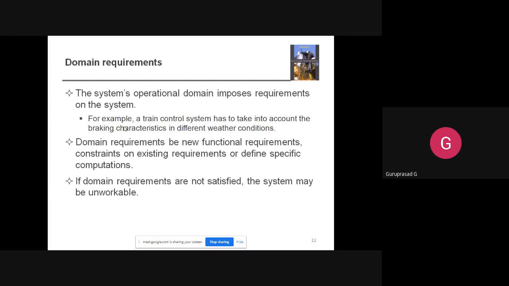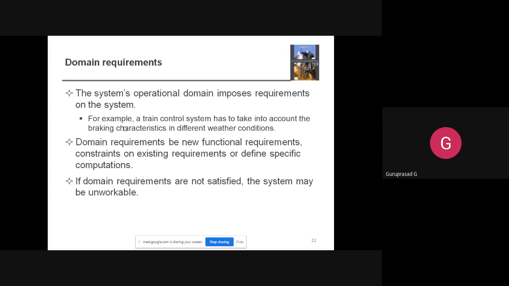In different weather conditions, the braking characteristics may not be the same, correct? In summer, in the rainy season, what requirement has to be satisfied in the train control system? What is the braking characteristic? That varies purely on the particular domain.